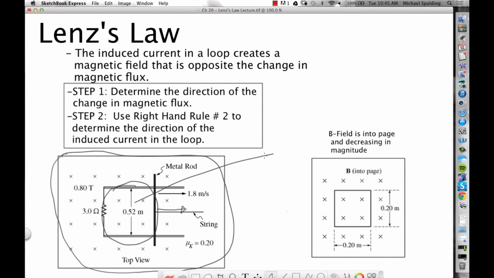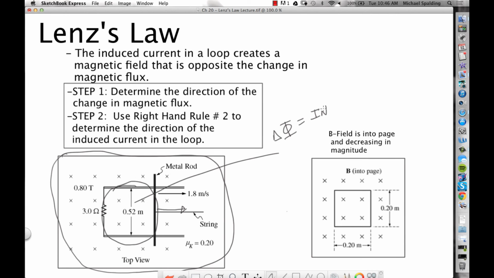With the bar moving to the right, would you consider that change of magnetic flux to be in or out? What do you think? It's letting more magnetic field into the loop. The change of magnetic flux is in.